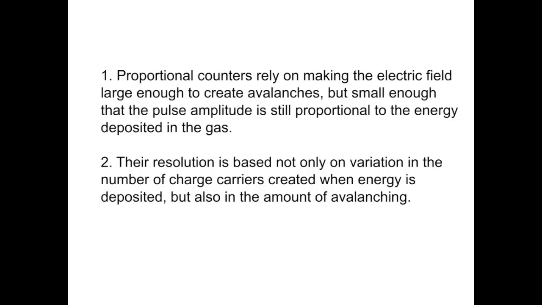So number 1, proportional counters rely on making the electric field large enough to create avalanches, but small enough that the pulse amplitude is still proportional to the energy deposited in the gas. That last bit, small enough, when that's no longer true, that's when we actually get into Chapter 7 with Geiger counters. Number 2, their resolution is based not only on variation in the number of charge carriers created when energy is deposited, but also in the amount of avalanching.